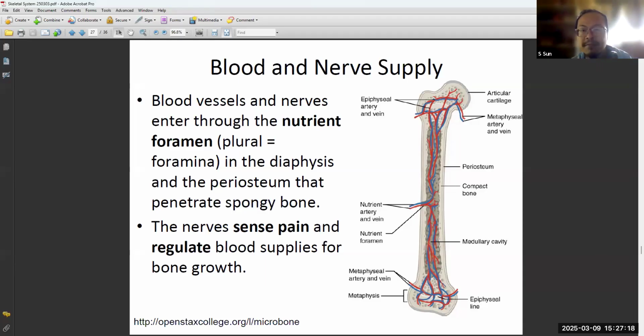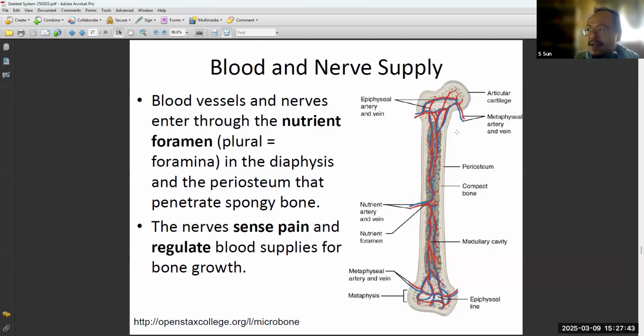So what we need to know is that bone is full of blood supply. It's very vascularized. Another thing is that through the same openings, nerves can come in. So what do nerves do? Nerves basically provide sensation, just like how you can sense touch, how you can hear, how you can see.